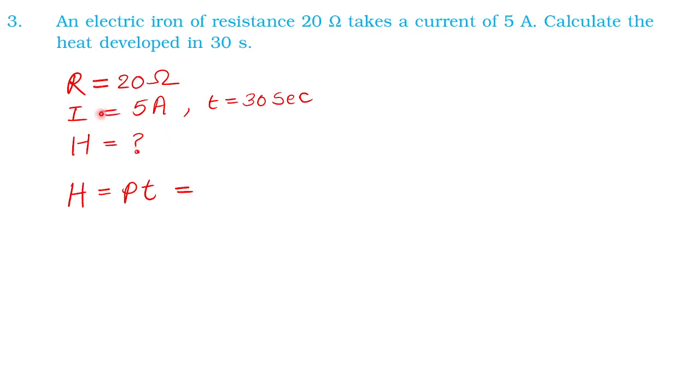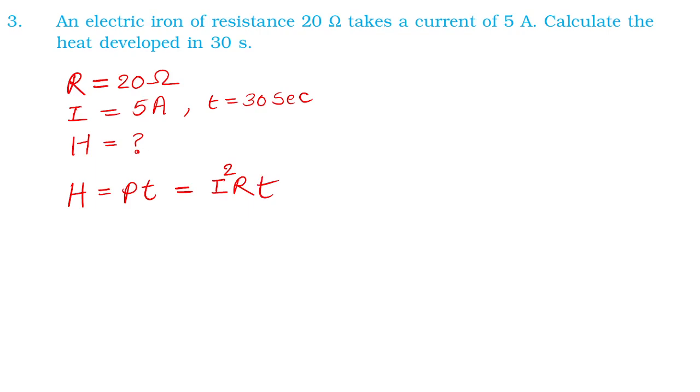I and R are given. Power has 3 formulas. P equal to I square R. Among those 3 formulas, I square R is better, because I and R both are given.